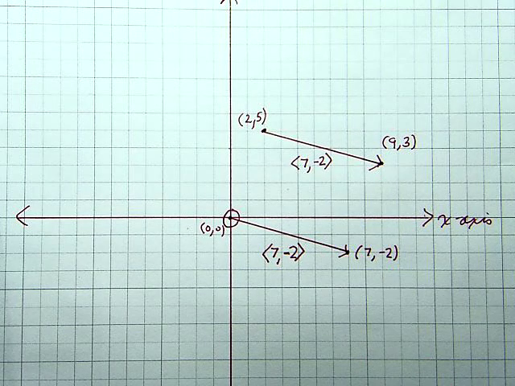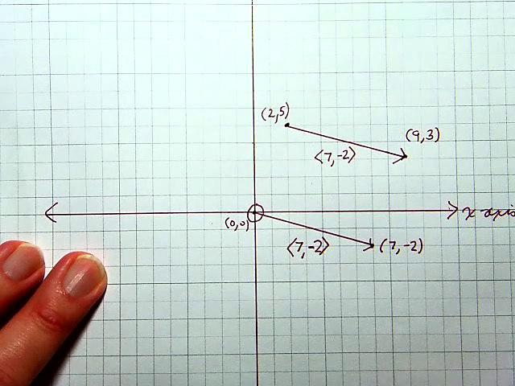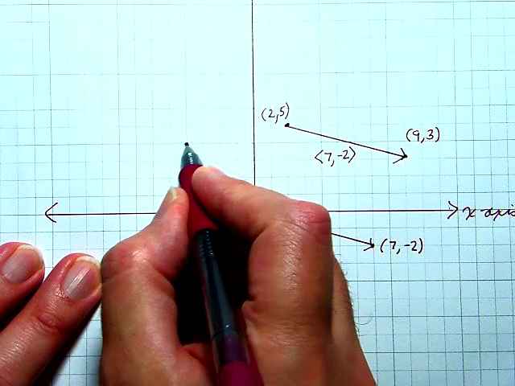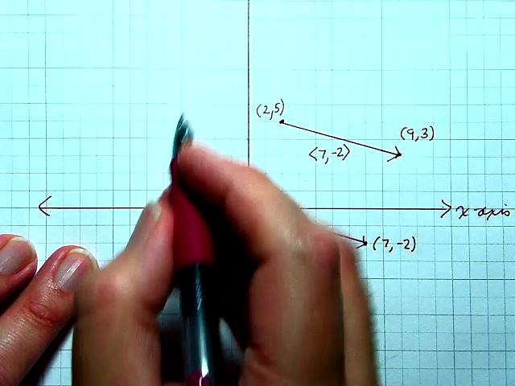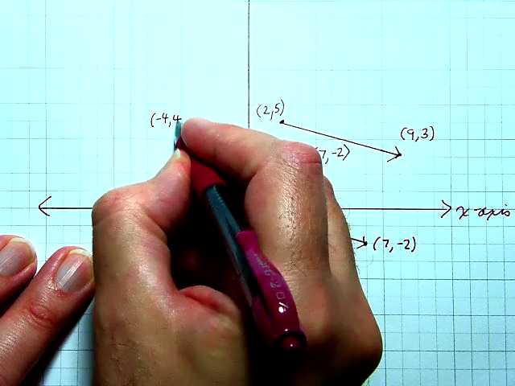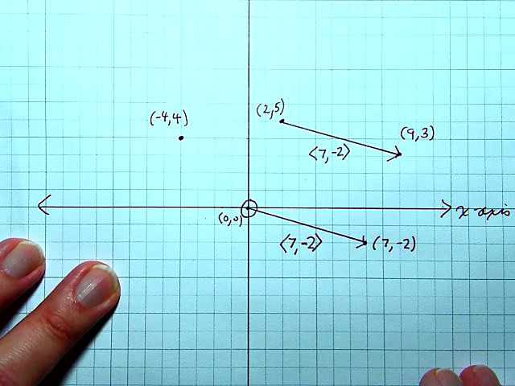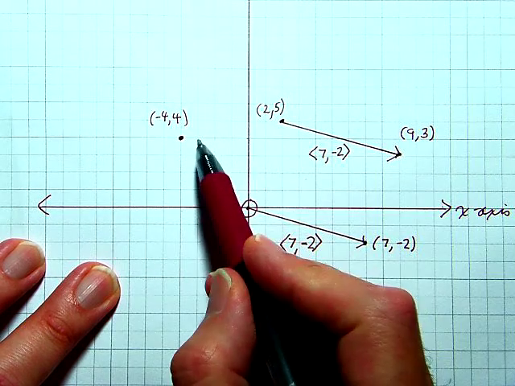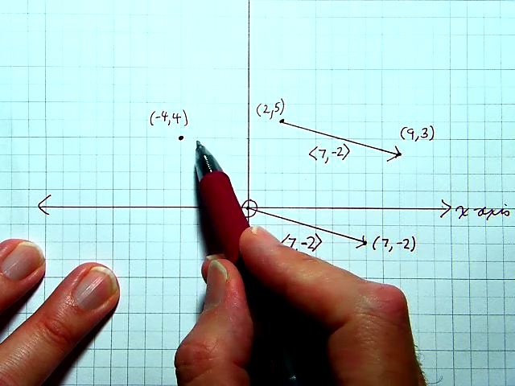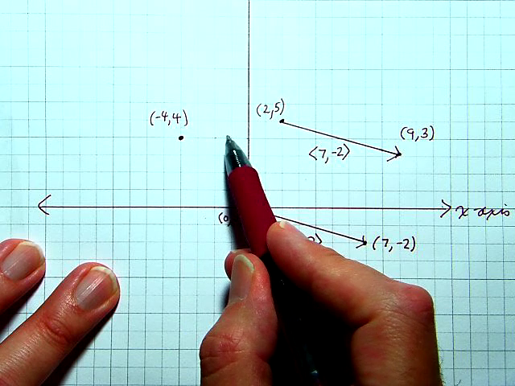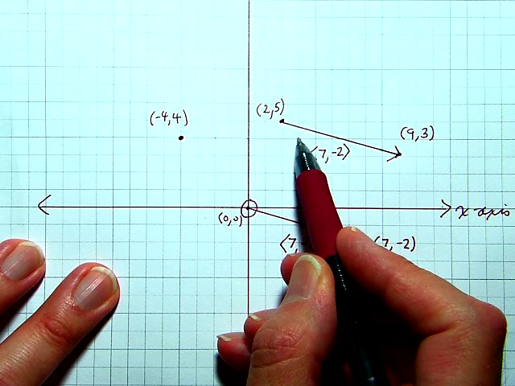We could draw this vector from another starting point if we wanted to. Let's say we draw it from this starting point. This starting point would be (-4, 4). So let's draw this same vector from that starting point, and we do it the same way. We'd have to count 7 across to the right, in the positive x direction: 1, 2, 3, 4, 5, 6, 7, and then 2 down.